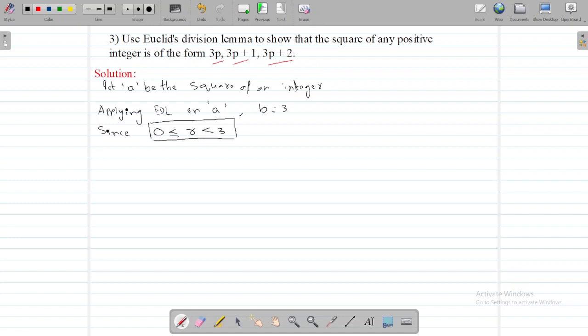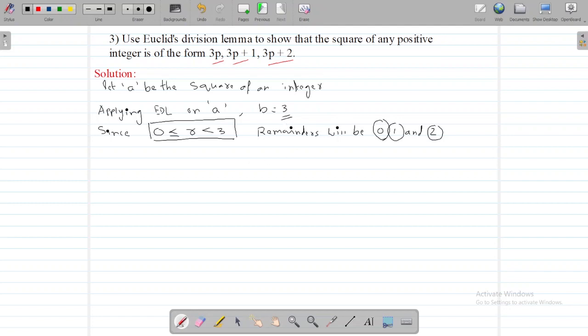When you are satisfying this condition, the remainders will be starting from 0, 1 and 2. Here you have to remember one thing, as the value of b is 3, we'll have the remainders 0, 1 and 2, that is one number less than 3.